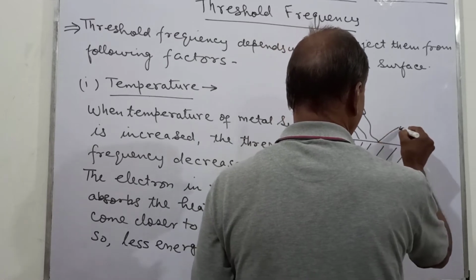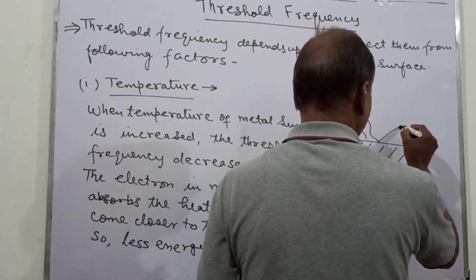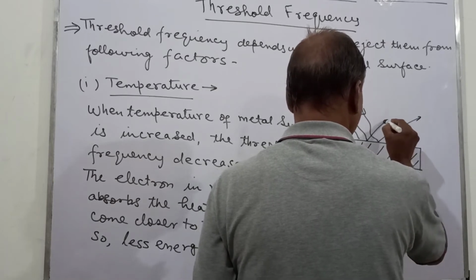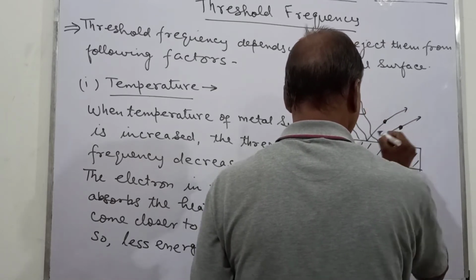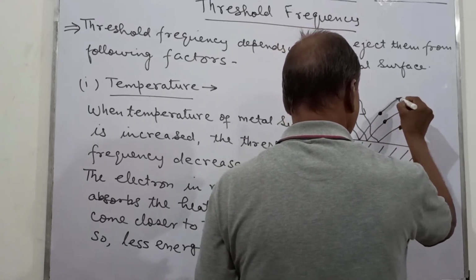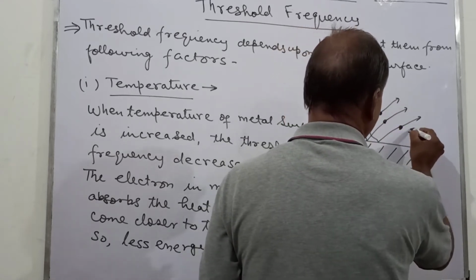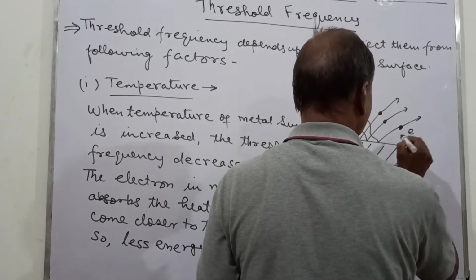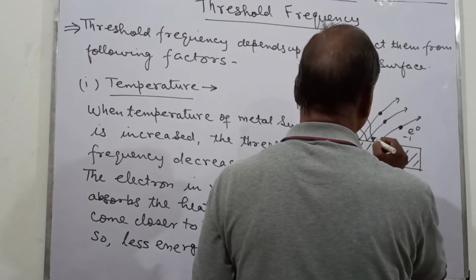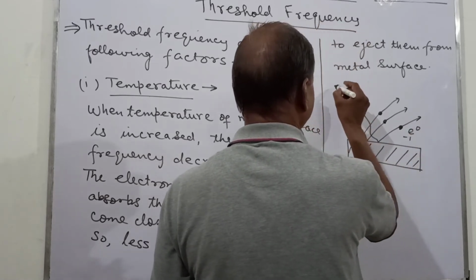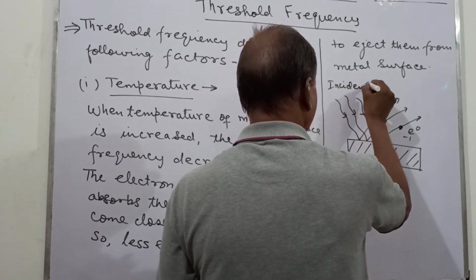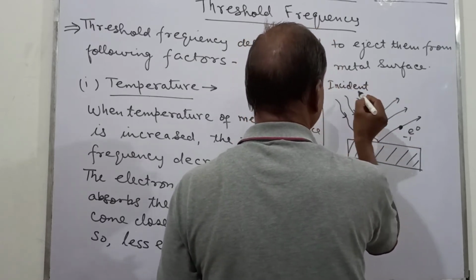This is the electron that is emitted from the surface. This is the incident radiation.